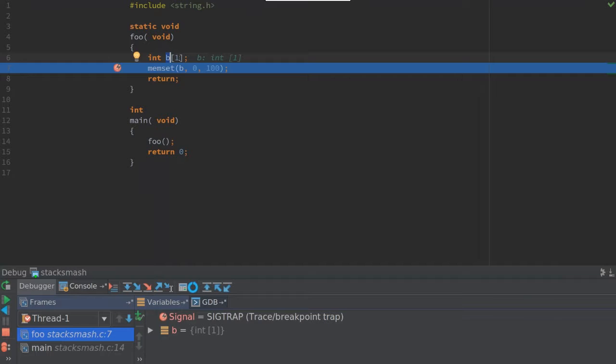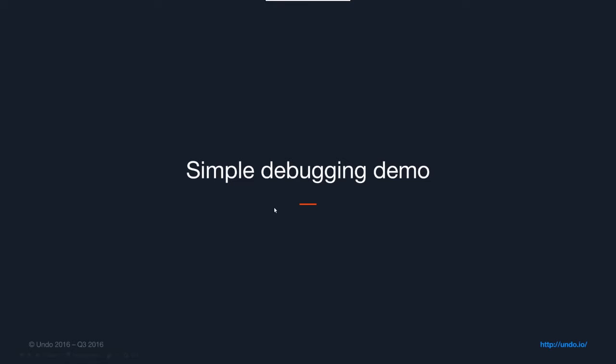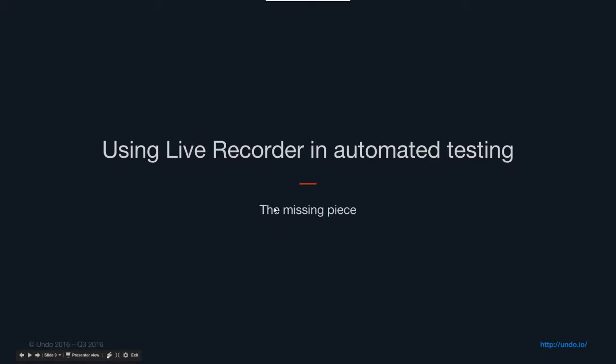So we quickly overran that, we've trashed the stack. With the normal debugger or with the core dump, you just have a snapshot in time, which is after the point of the corruption, and you have no way of knowing what actually led up to that memory being scribbled over. So that was a very simple example that just shows one of the benefits that reversibility gives us.